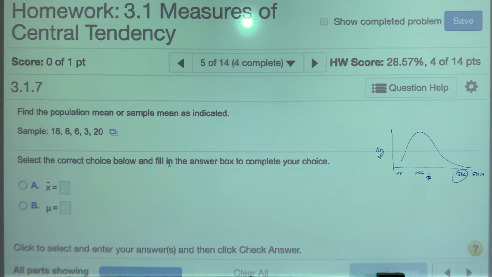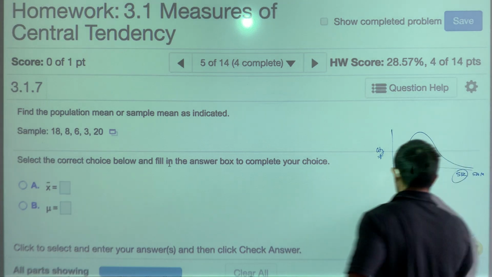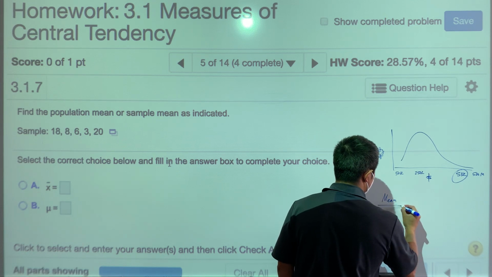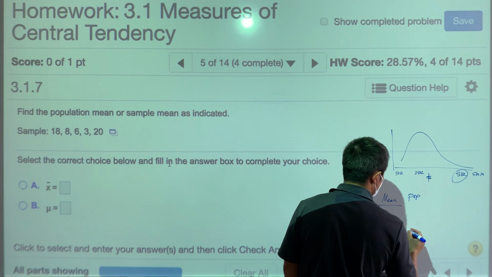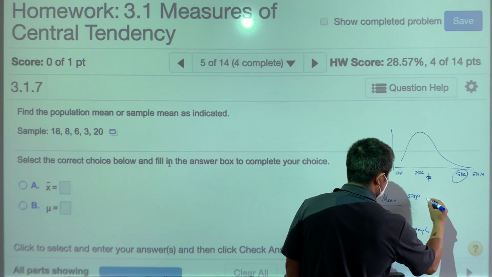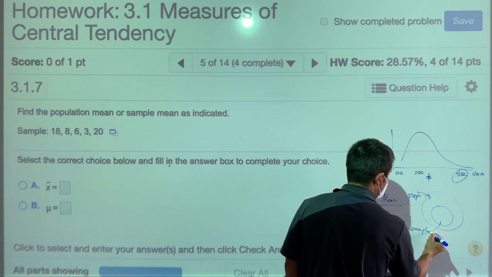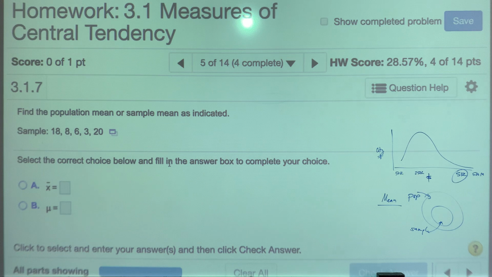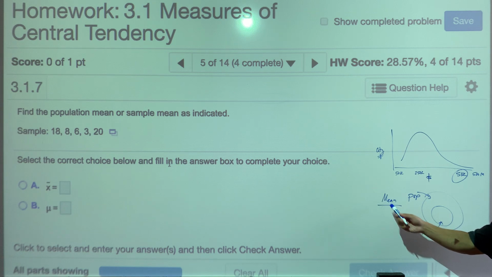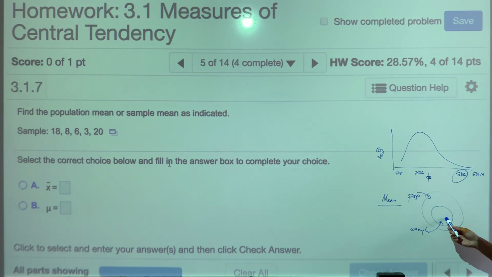The first thing you need to know in your notes is that the mean can be for a population or for a sample. Recall that the population is everybody here. The sample is a subset of the population. You guys with me so far? For the purpose of language and being able to differentiate between the two, I could find the average of the population or the average of a sample.